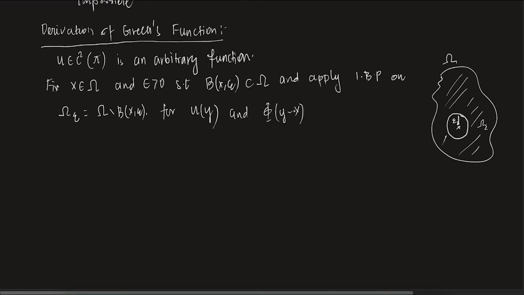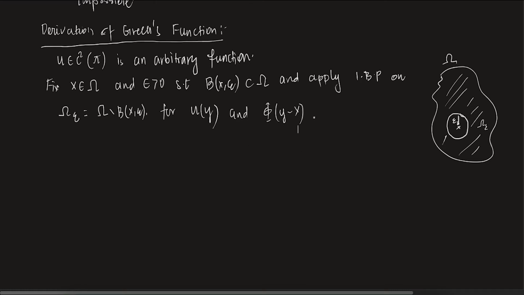Now I am sure you have some idea of why we are taking this deleted neighborhood. Because when y equals x, phi blows up, so we don't want that to happen. In this omega epsilon, y can never be equal to x, so phi is well defined here. And of course u is well defined everywhere in the domain, so it's not a problem.